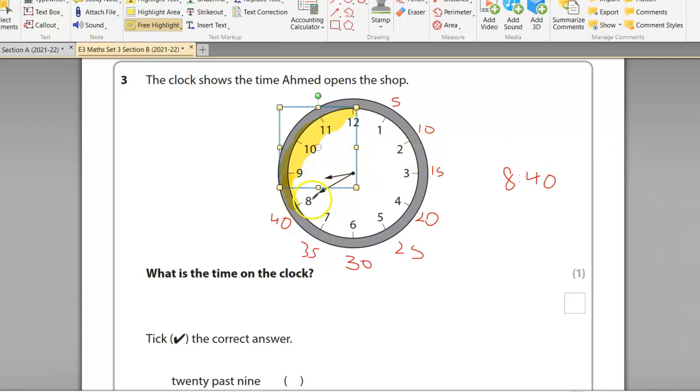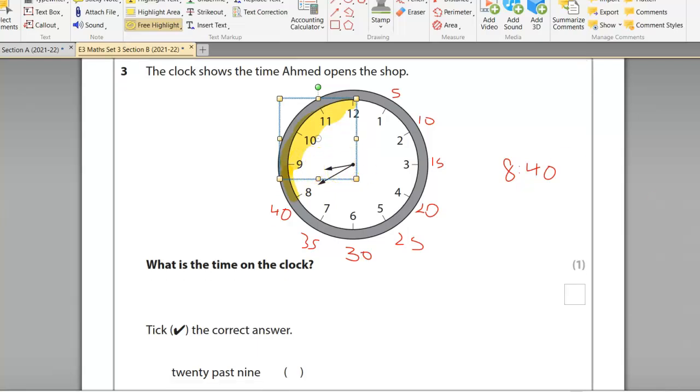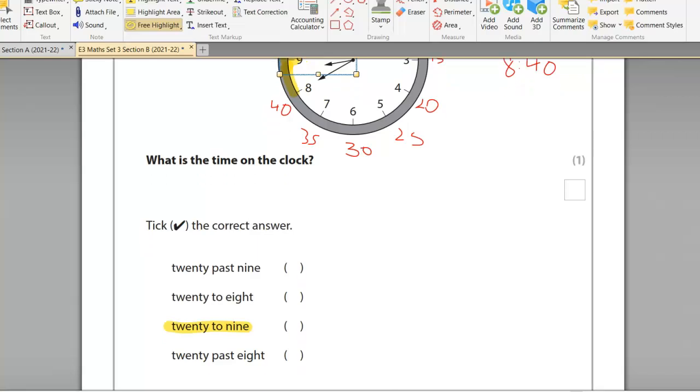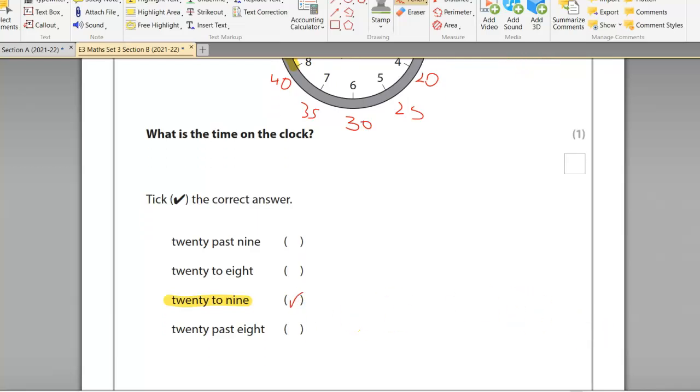So if we go from that 8, we've got 5, 10, 15, 20 minutes to go until the next hour. So when those 20 minutes pass, the little hand would then be on the 9 because then it would be 9 o'clock. Okay, so on this question, the option we're looking for is the time on the clock says 20 to 9. So we've got to tick that one.